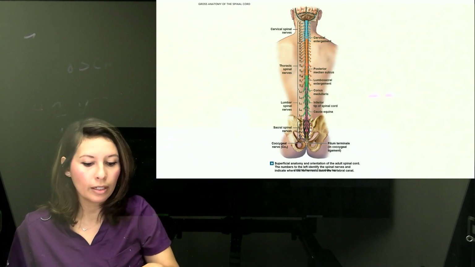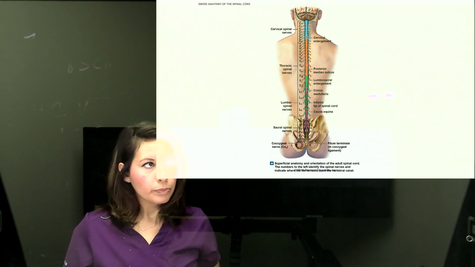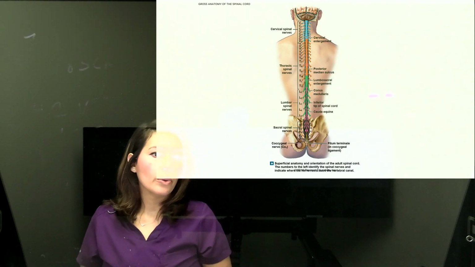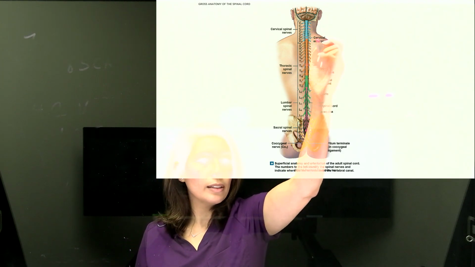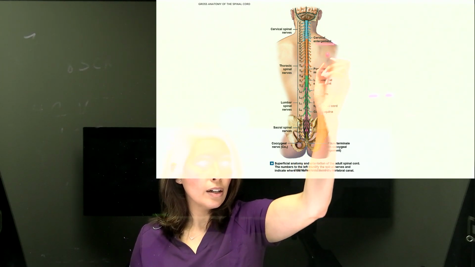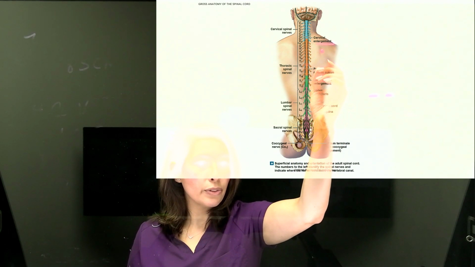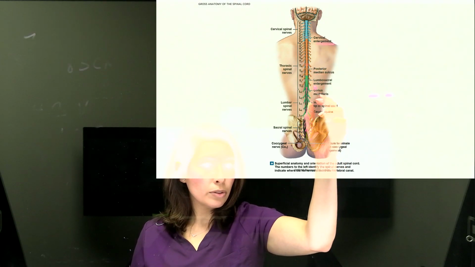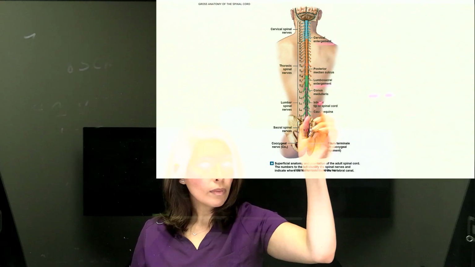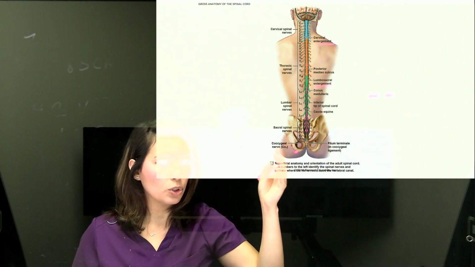Another thing that we gotta go over, if you look over here, is that your spinal cord, right, is gonna have these enlargements, right? There is a cervical enlargement and there is a lumbosacral enlargement. There's also going to be other structures that are super important.